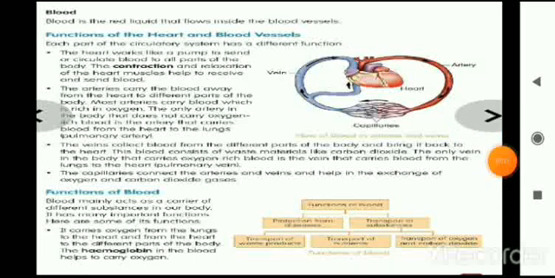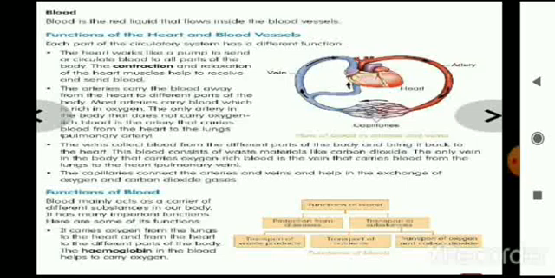So you will say that the only artery in the body that doesn't carry oxygen rich blood is the artery that carries blood from the heart to the lungs. Okay? It is the pulmonary artery. Getting my point? And there is an exception also in veins.